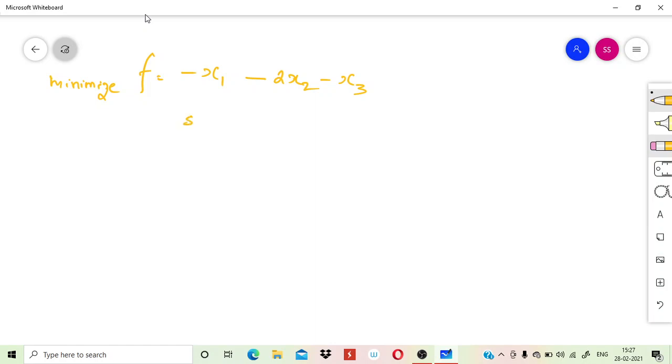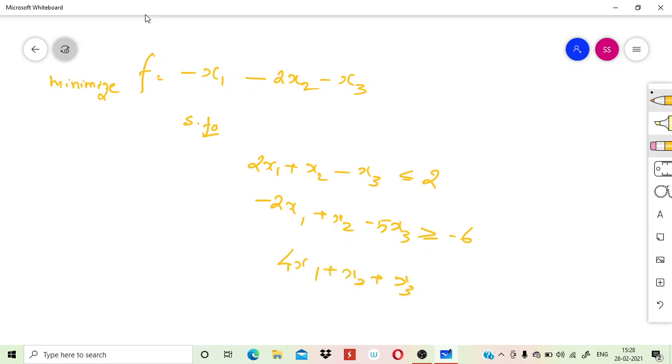Subject to the constraints: 2x1 plus x2 minus x3 less than or equal to 2, and minus 2x1 plus x2 minus 5x3 greater than or equal to minus 6, like this. And 4x1 plus x2 plus x3 less than or equal to 6.